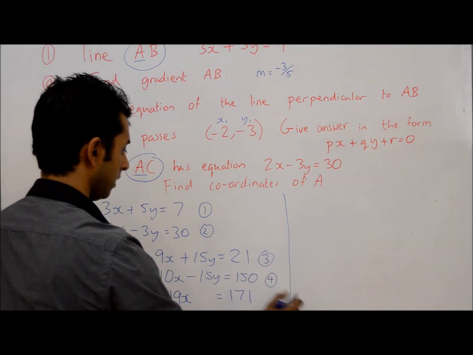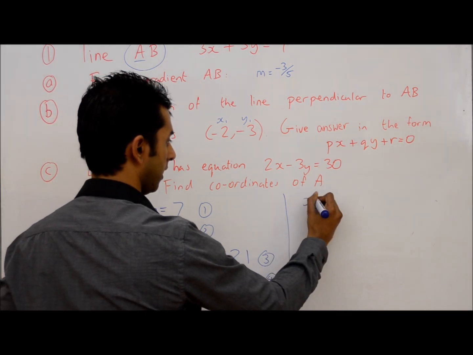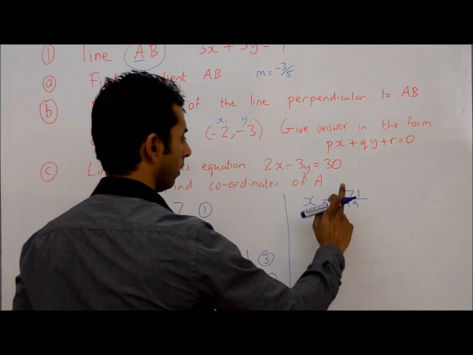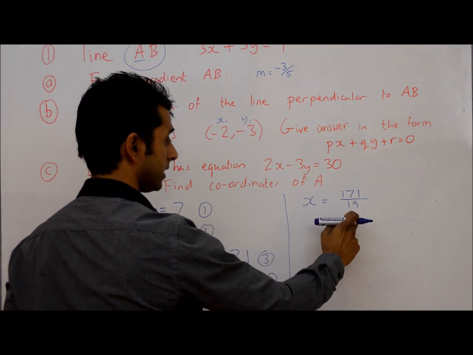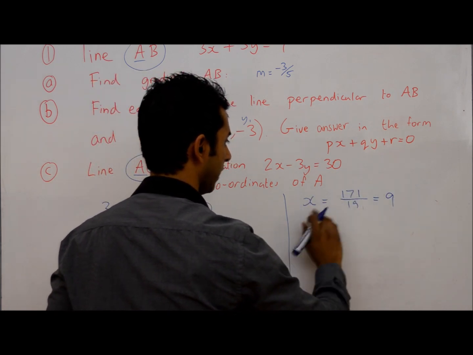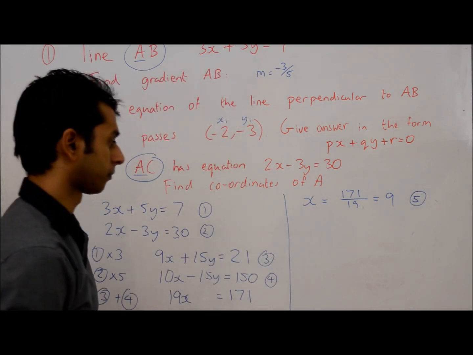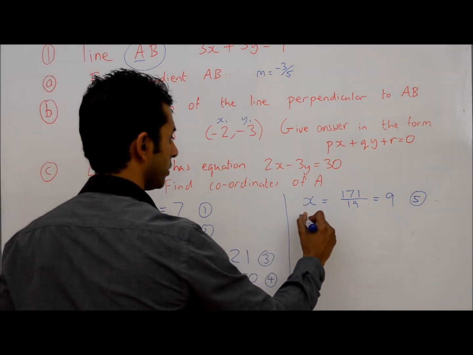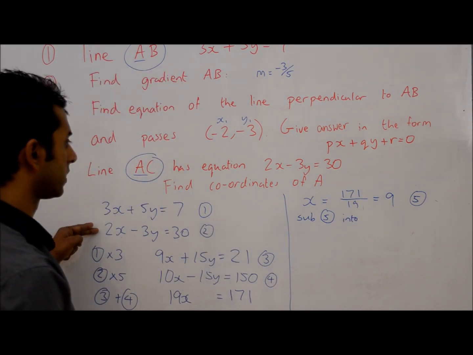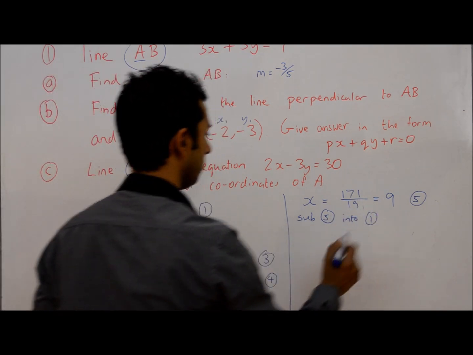So now we need to work out what x is. So to get x, we would just rearrange. So we get x is equal to 171 divided by 19. Well, I know that 190 divided by 19 is 10, and this is exactly 19 less. So this is actually going to be 9. So x is equal to 9. Let's call this equation number 5. We're now going to substitute equation number 5 into one of the original two equations, whichever looks easier. To me, number 1 looks easier because it's got the plus. So I'll substitute into number 1.